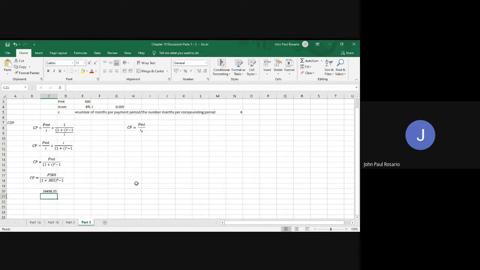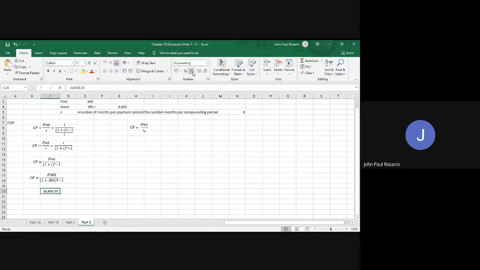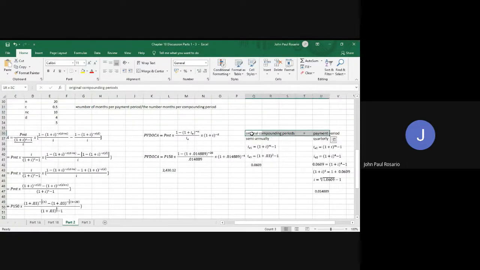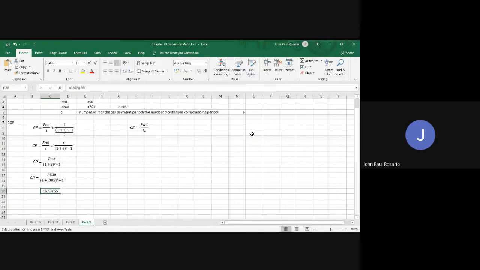Now, if we use my way of solving things, which some of you may find a lot longer, it's just that I like this one better. At least I'm showing you another way of solving these problems.